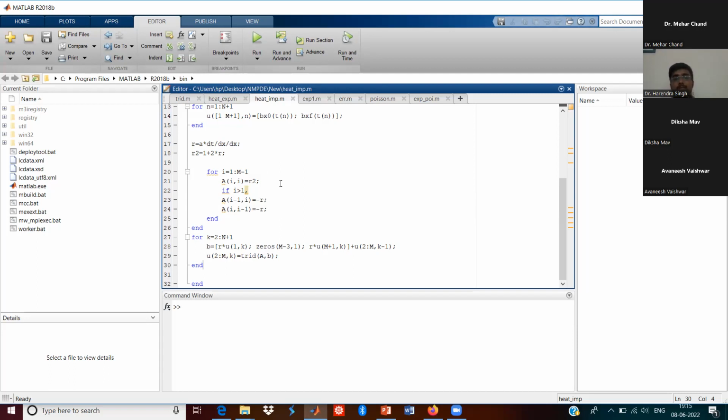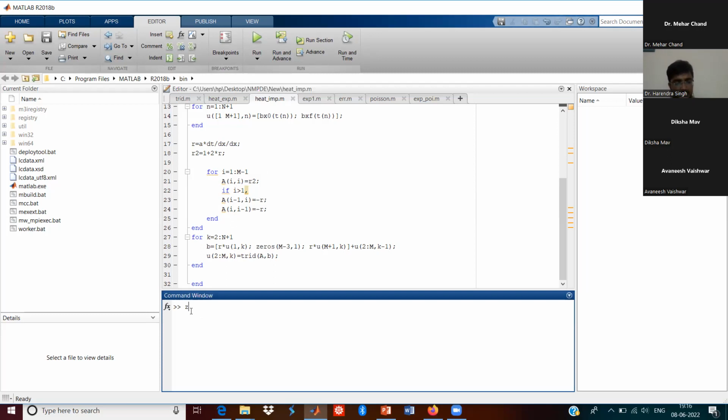In the backward difference scheme, one needs one extra program, the tridiagonal system, so I have written a separate program for it. Zeros(m-3,1) is a zeros matrix. If I take m equal to 5, you can see that this is a zeros column matrix, 5 cross 1.